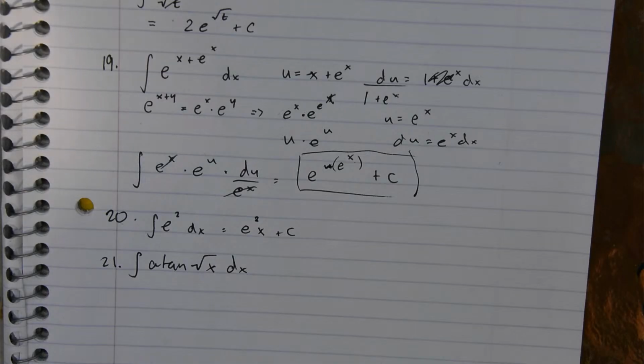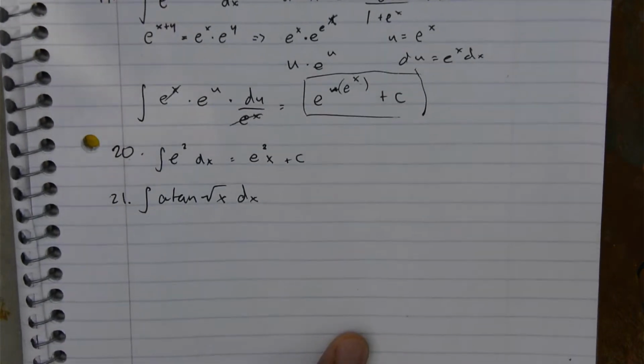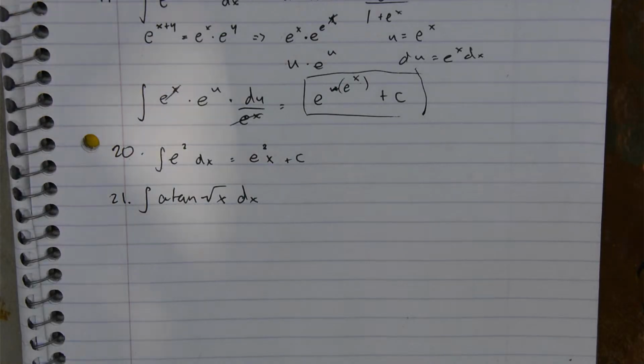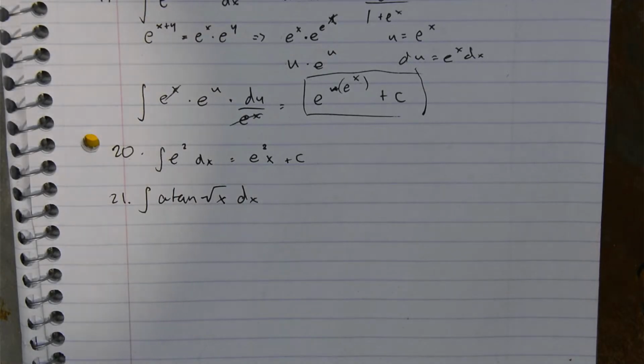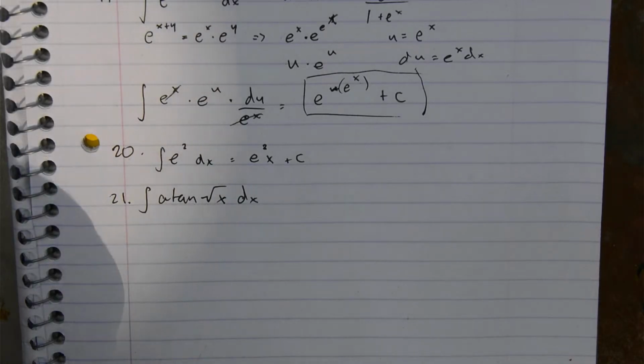I feel like they just want you to memorize it on this one. Let me think about that. A tan square root x. What does that even look like? I want to plot that one.